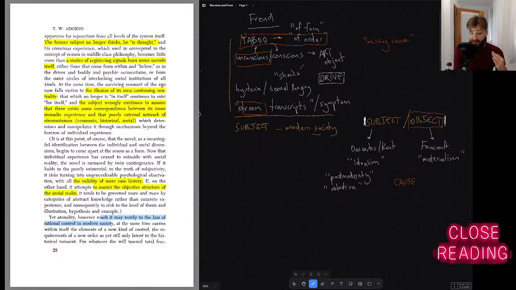However much it may testify to the loss of rational control in modern society, however much it may be considered a production of objective forces in society and not something produced subjectively, it at the same time carries within itself the elements of a new kind of control, the requirements of a new order, yet still only latent in the historical moment.